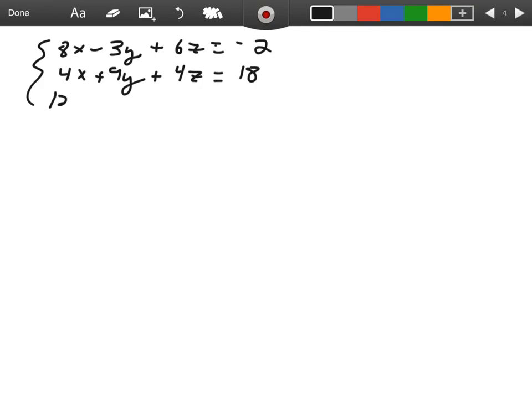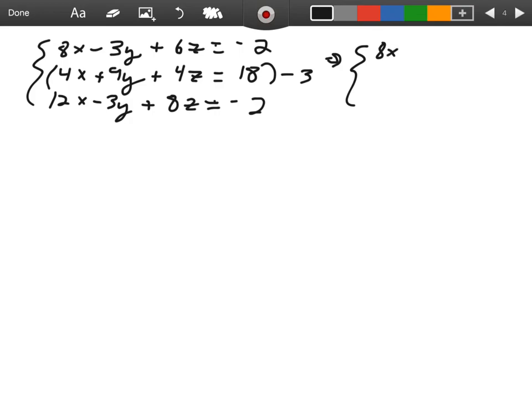And then 12x minus 3y plus 8z equals negative 2. If I want to get rid of that 12x, I'm going to use the top equation and multiply everything by negative 3. If I do that, here's what I end up with.